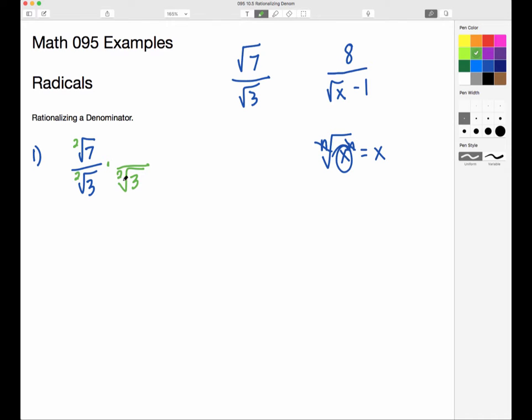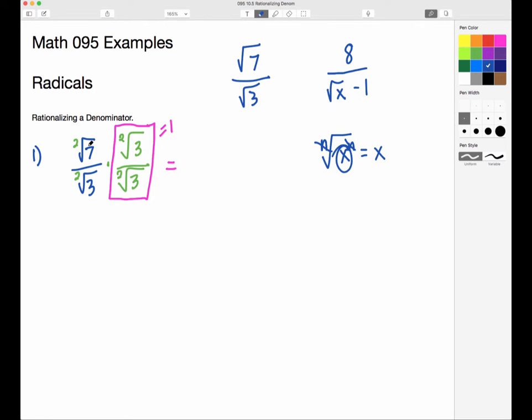But we can't just multiply the denominator by anything we like. We need to also do that to the numerator. So the numerator gets multiplied by the square root of 3. And what we've basically done is this fraction, because the same thing is on the numerator and denominator, is equal to 1. So we're multiplying by 1, and we're not changing the value of our answer, we're just changing how it looks.